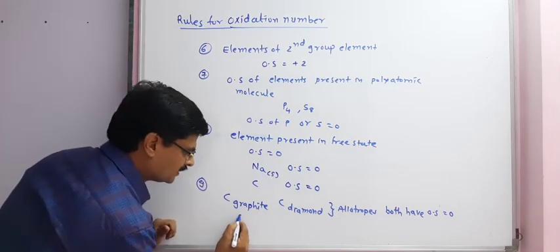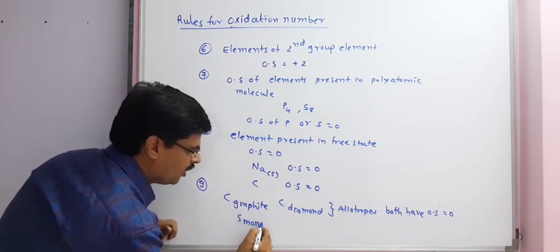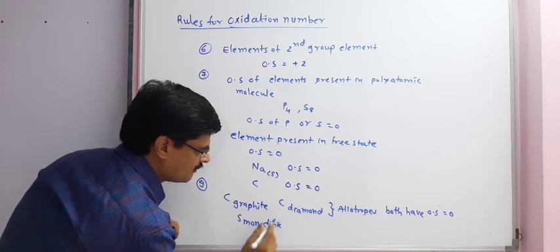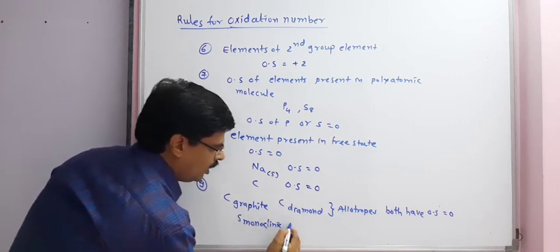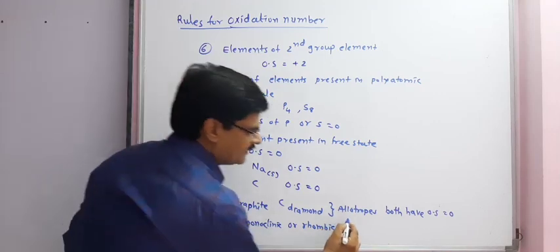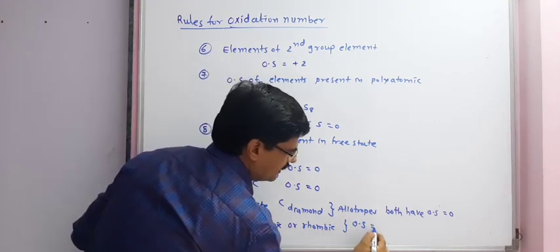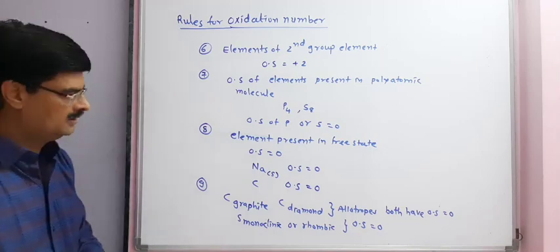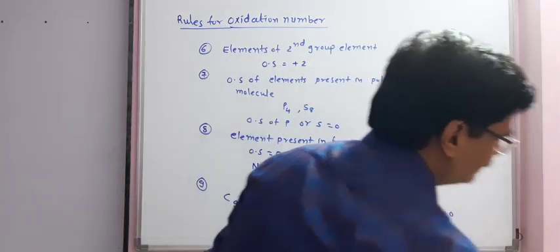Even for sulfur, whether it is monoclinic or rhombic, the oxidation state is equal to 0.